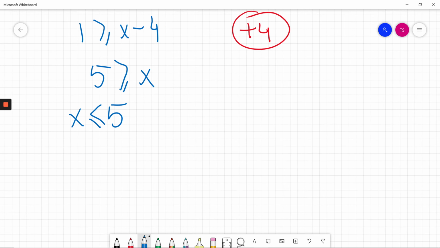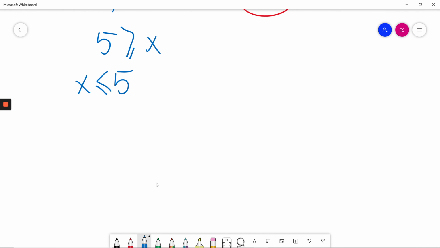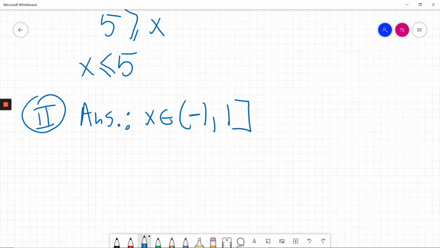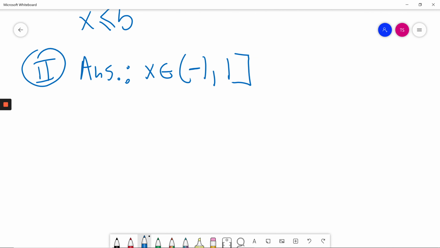And now, because of the domain, the answer to interval 2 is x belongs to less than 5, but the domain was from minus 1 to 1. All of those numbers are included.